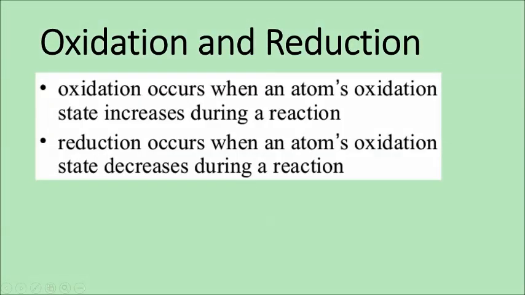Now let's see the fourth definition of oxidation and reduction, in terms of oxidation state. Oxidation occurs when an atom's oxidation state increases during the reaction, and reduction is when the atom's oxidation state decreases during the reaction. In this way also we can explain oxidation and reduction.